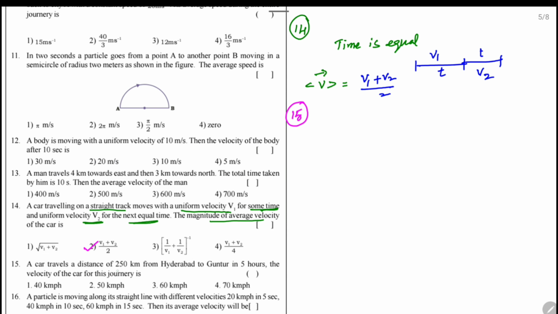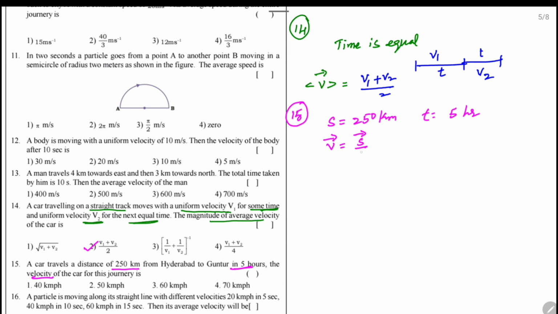A car travels a distance of 250 km from Hyderabad to Guntur. So distance is given as 250 km, in 5 hours. Time is also given, which is equal to 5 hours. The velocity of the car for this journey, very simple. Velocity is equal to distance or displacement by time.